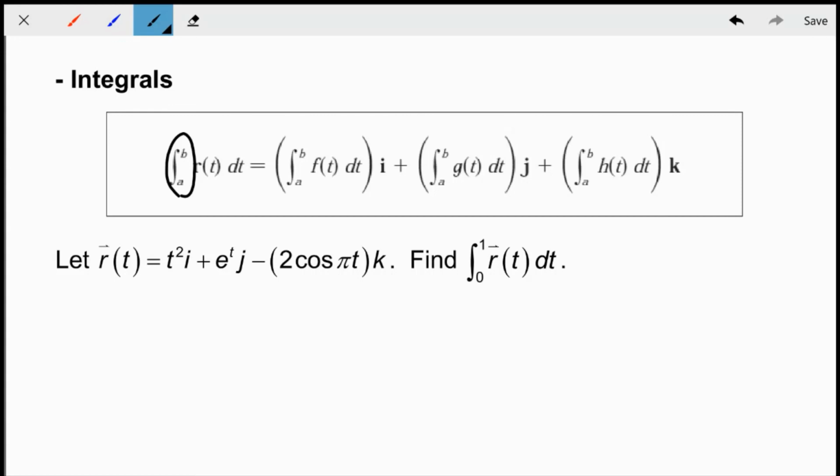So let's look at an example. We've got r of t is equal to t squared i plus e to the t j minus 2 cosine pi t k, and it says find the integral from 0 to 1 of r of t dt.